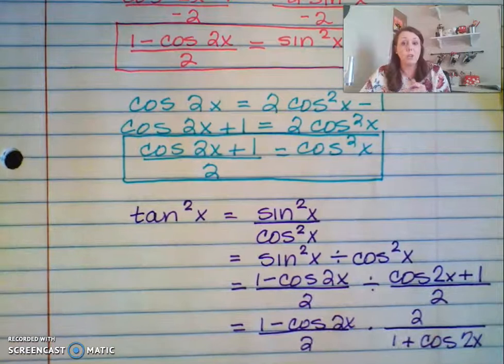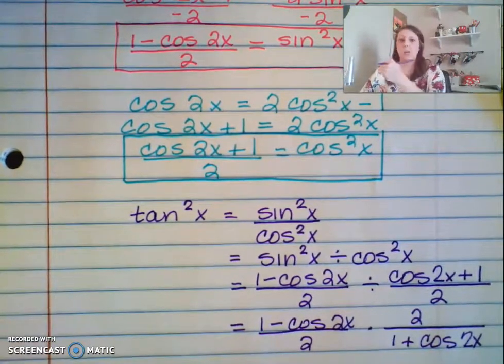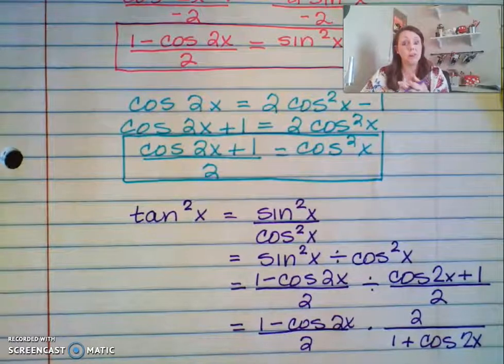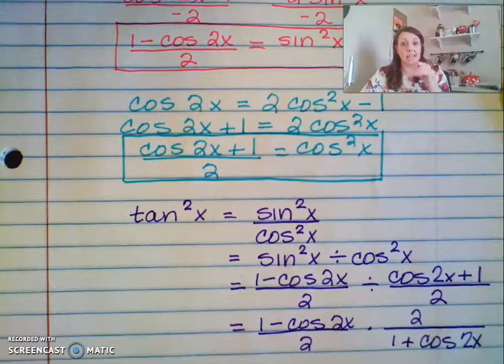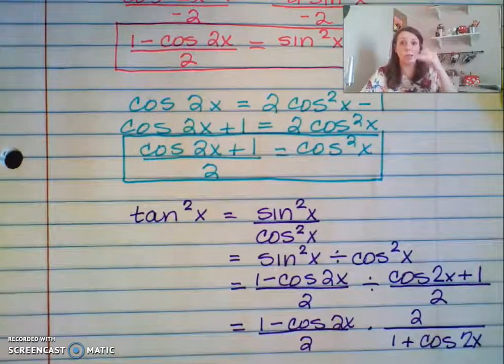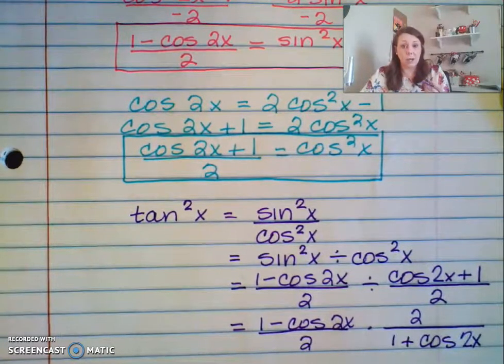Okay, so now we can do one of two things. We could multiply straight across the numerator, multiply straight across the denominator, and then simplify. Or, because it's all multiplication and division, we can start canceling some common terms, or common factors. In this case, the factor that we have in common, one in the numerator and one in the denominator, is that quantity 2.